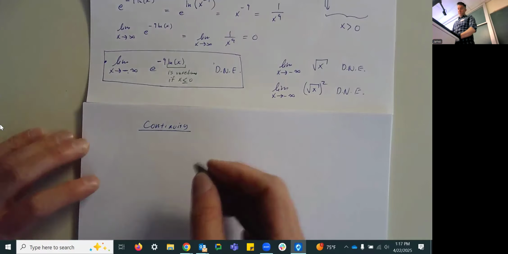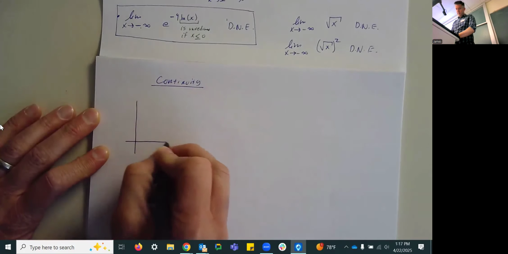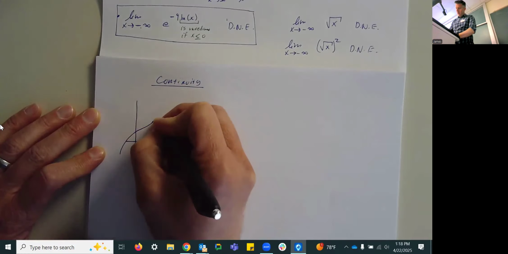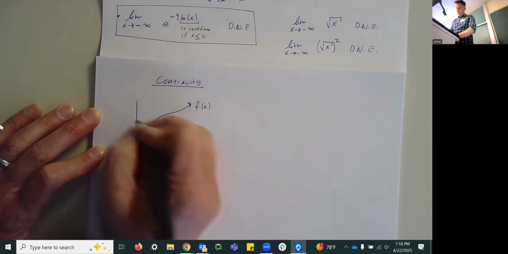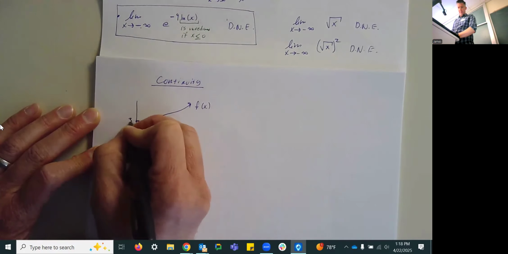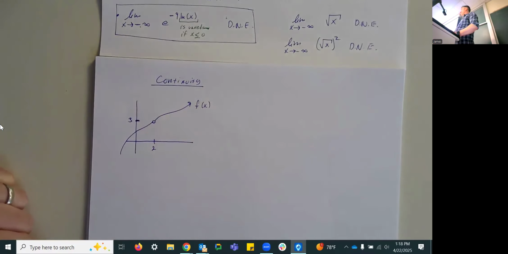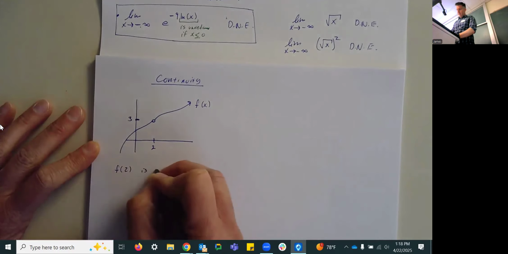For example, I'm going to draw some pictures here. Here's a function that has a hole at the point where x is 2 and the y value would have been 3. So this function is definitely discontinuous at 2. It's not even defined at 2. f of 2 is undefined.